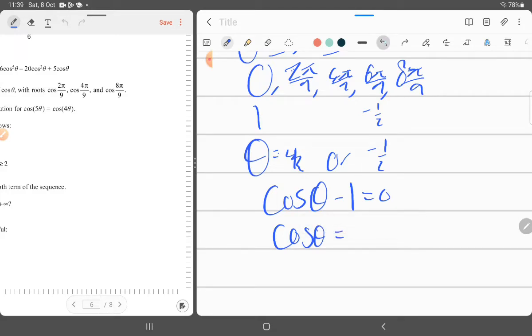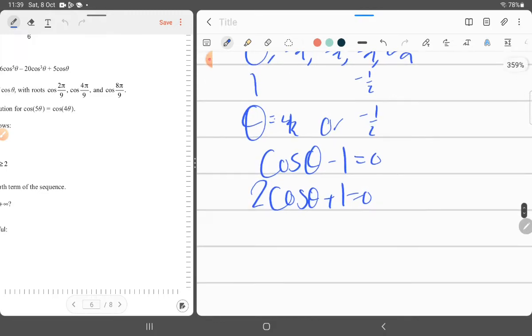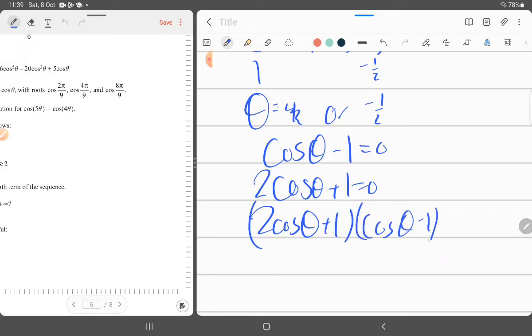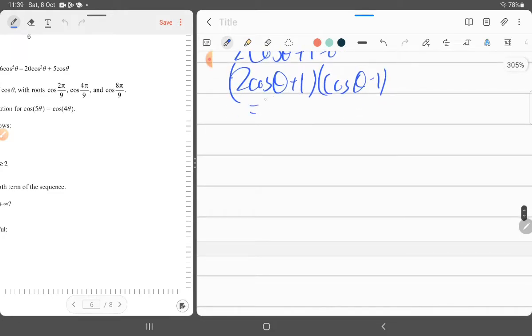Yes, 2 cosine theta plus 1 is equal to 0. These are the two roots. Two cosine theta plus 1 and cosine theta minus 1, which is equal to 2 cosine squared theta minus cosine theta minus 1.